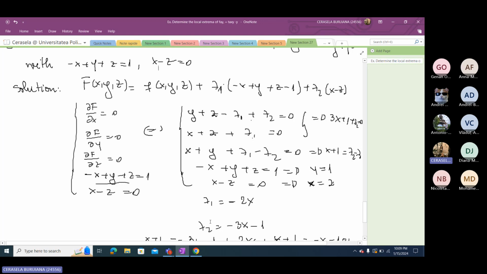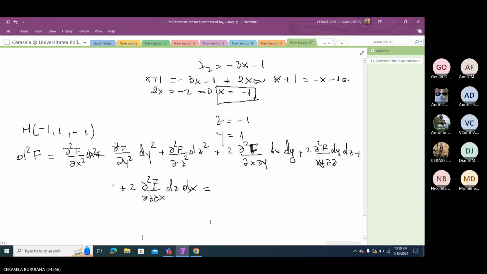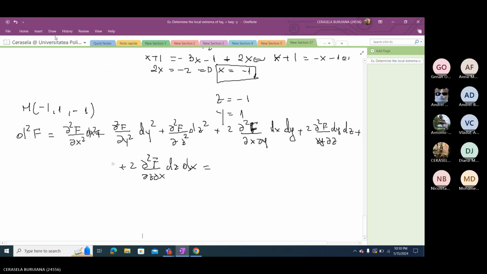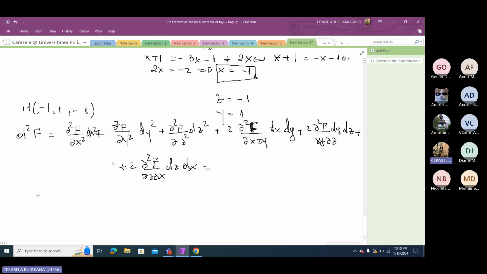Also, we remarked that the derivative of second order in function of y is 0. Also, the derivative in function of z of second order, they are also 0. So the first terms, they are all 0. Yeah? Yes.